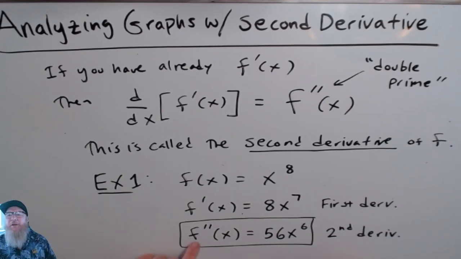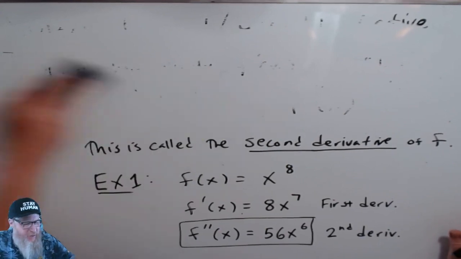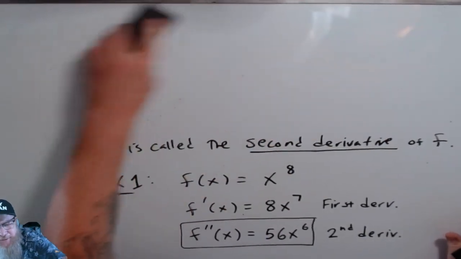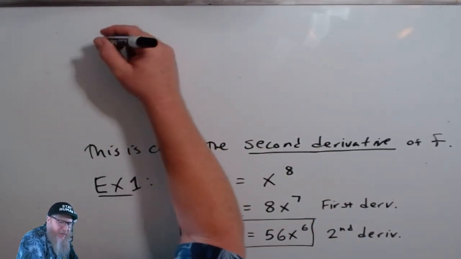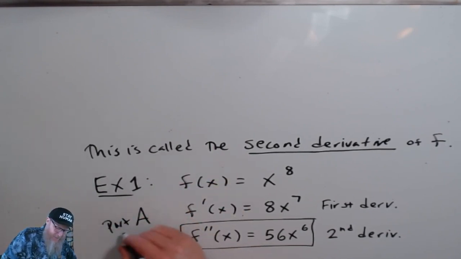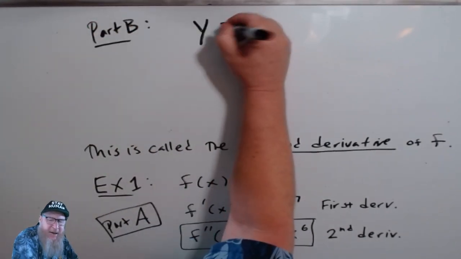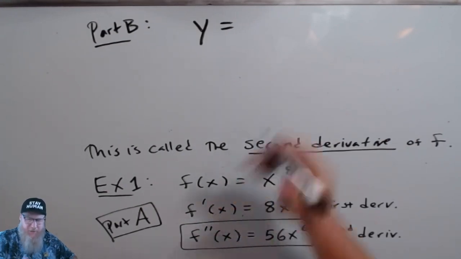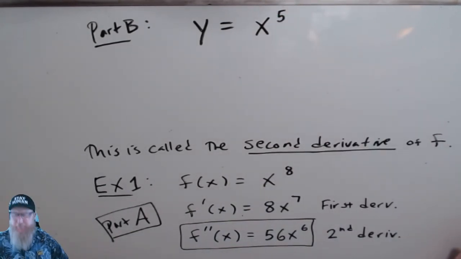It does require that you have a function, f or g or h or any of the other functional notations. If you don't have a function notation, suppose you have, let me just call this part A, suppose you don't have a function, you just have something like this, an equation.